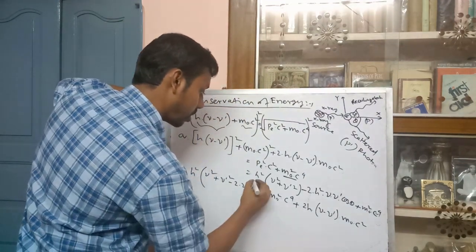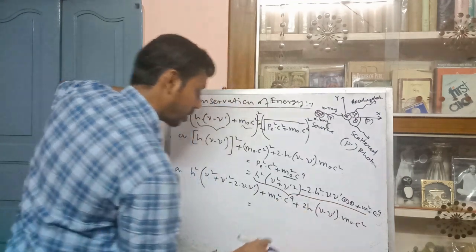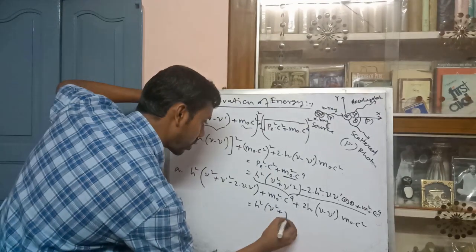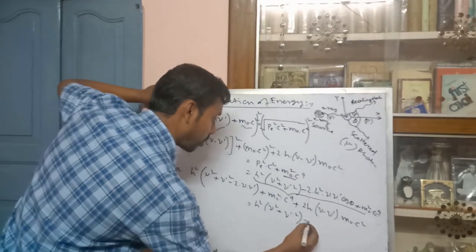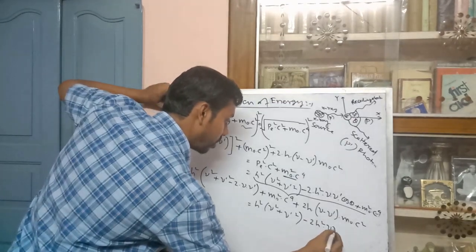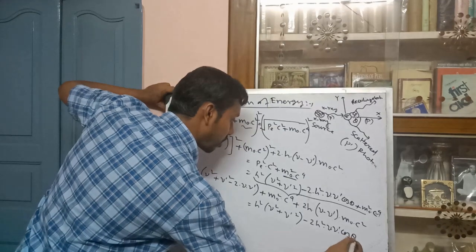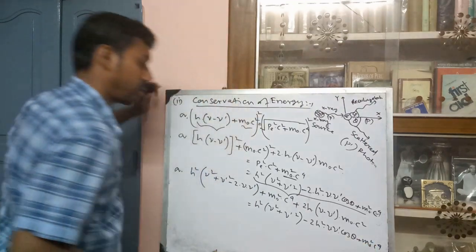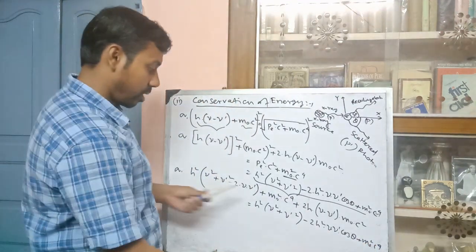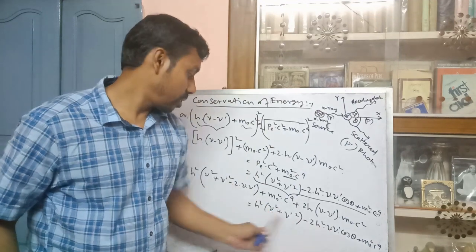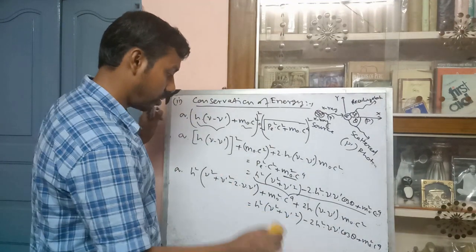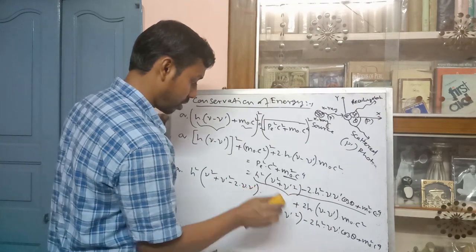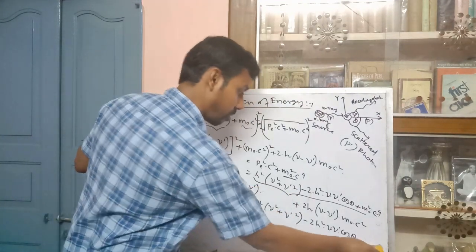That is equal to this whole thing: h square into nu square plus nu dash square minus 2 h square nu into nu dash into cos theta plus m0 square into c to the 4. Look, this m0 square into c to the 4 on both sides will cut out.